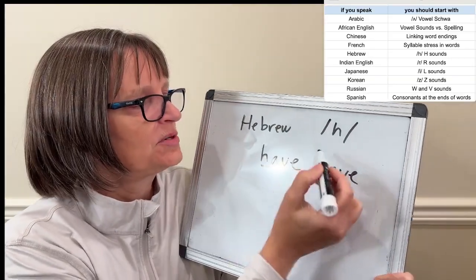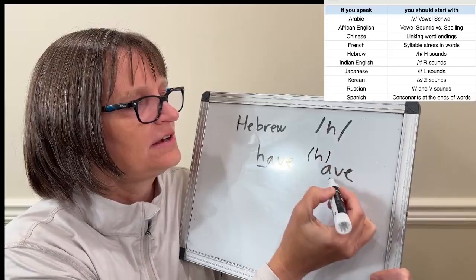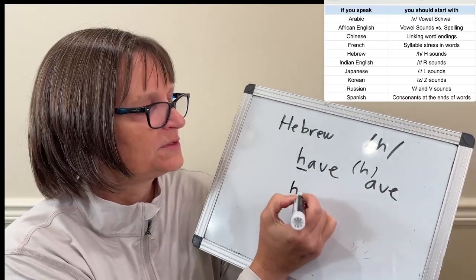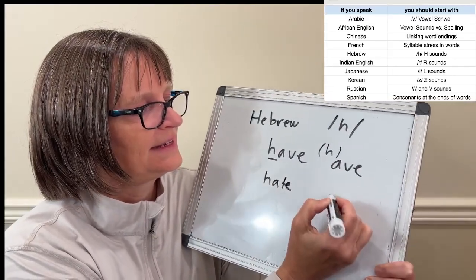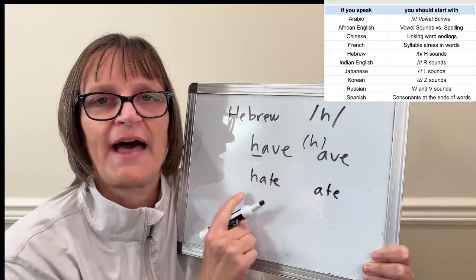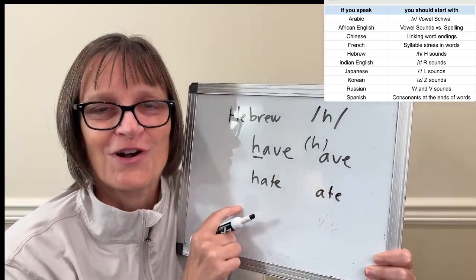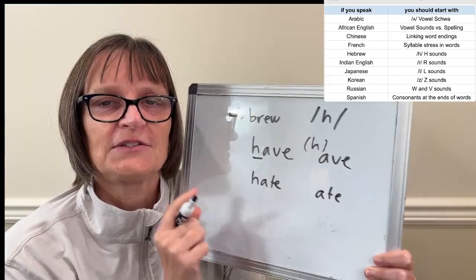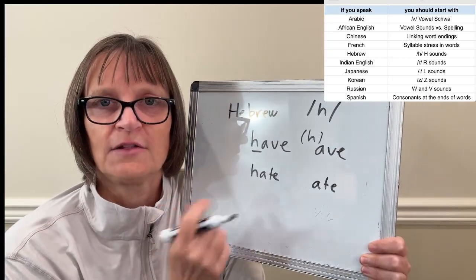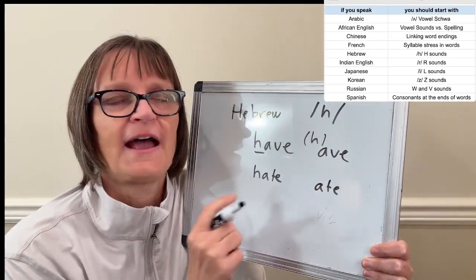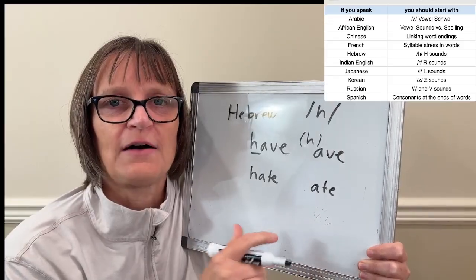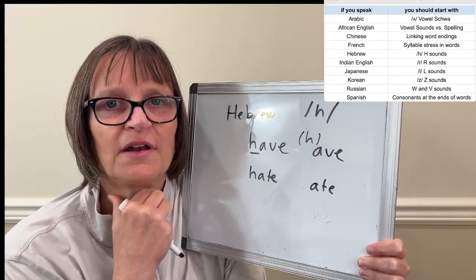Hebrew speakers tend to put the H sound on where it doesn't belong. So the difference between, for example, "hate" and "ate," or "have" and "av," I would really work on being able to use a nice light American English H sound in words, and then being able to start words with vowels without any windy air, without any sound.